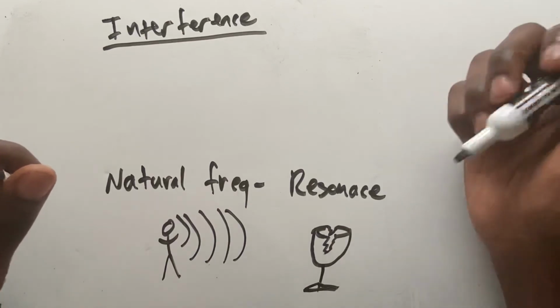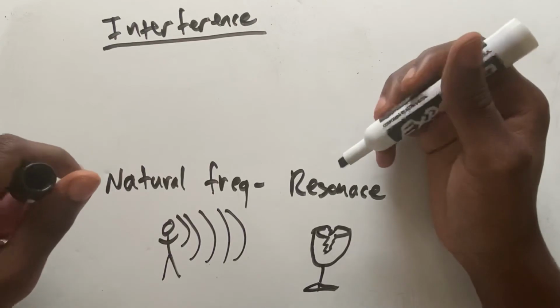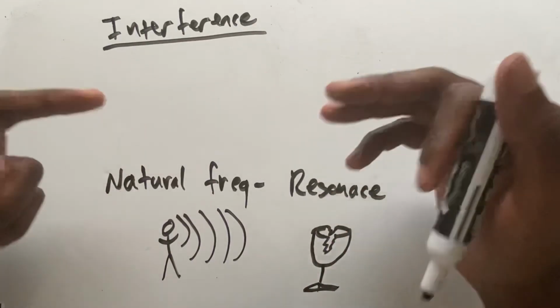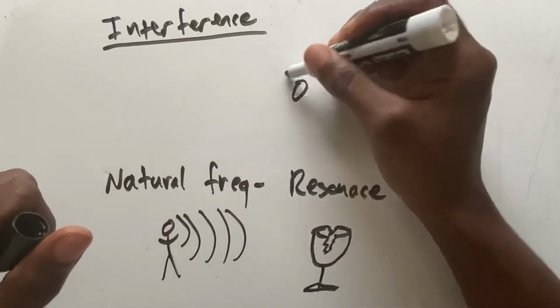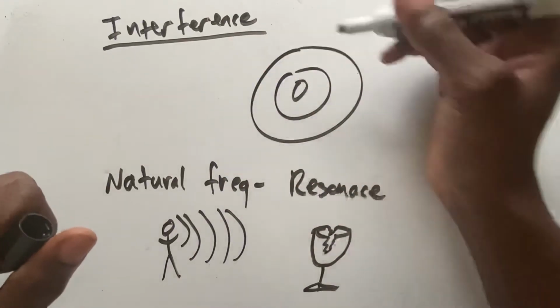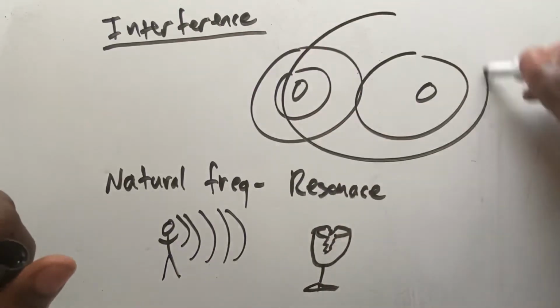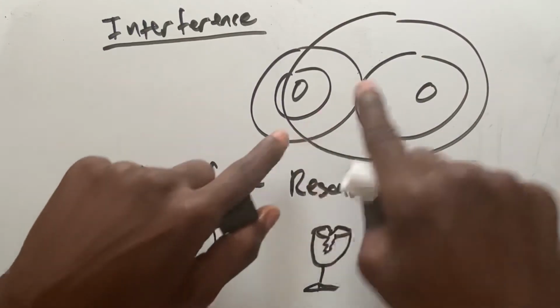So if we have two speakers playing two different songs, the sound waves coming out of both of those speakers are going to interfere with each other, right? It basically looks something like this, and then we have another one over here. So these two sound waves are interfering with each other.